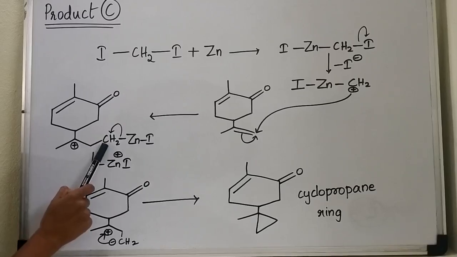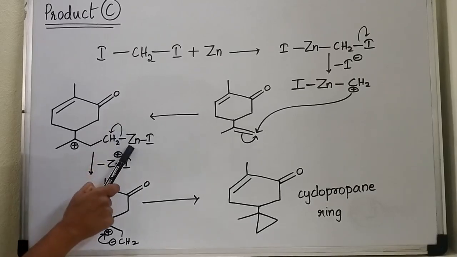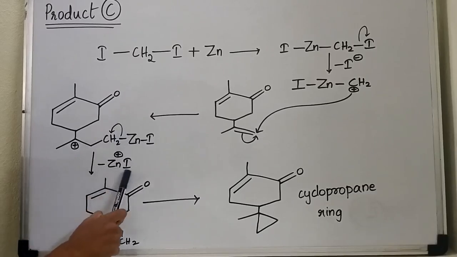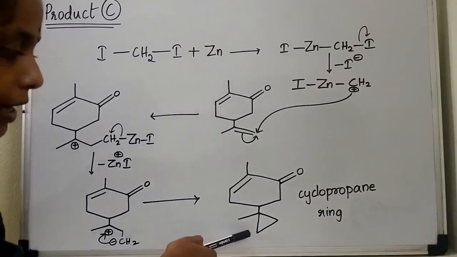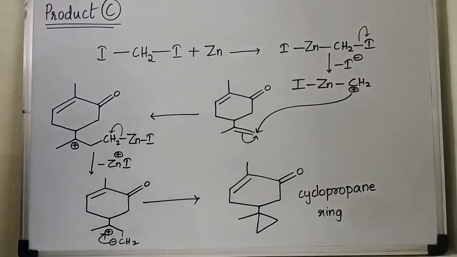Now the carbon present over here will take the bond from zinc, eliminating ZnI+, and will get a negative charge on it. Now this negative charge is shifted to the positively charged carbon, forming a cyclopropane ring. So in this reaction, we have discussed the mechanisms in the formation of product A, product B as well as product C.